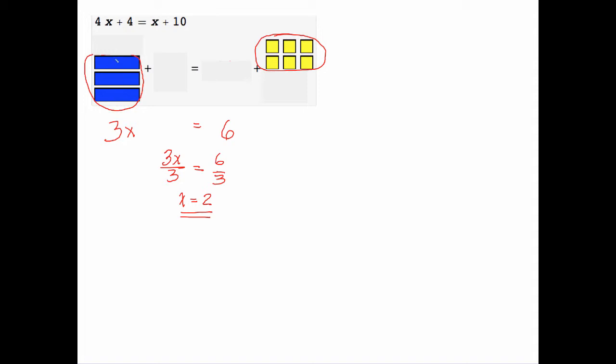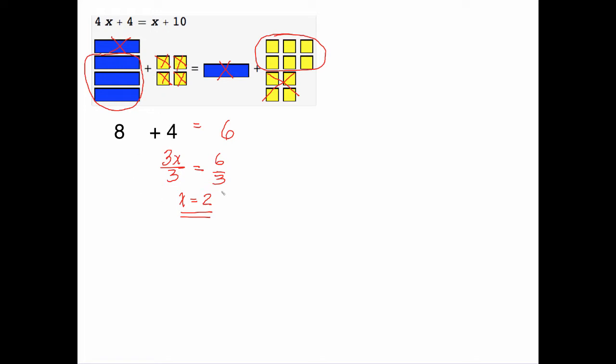If we look at the original drawing and we see that there are 4 x's, 1, 2, 3, and 4, and if each of those represents 2, that's 2, 4, 6, 8, plus 4 ones, that's 12. If we look on the other side, we have a 10 plus a 2 over here, and that makes 12 as well.